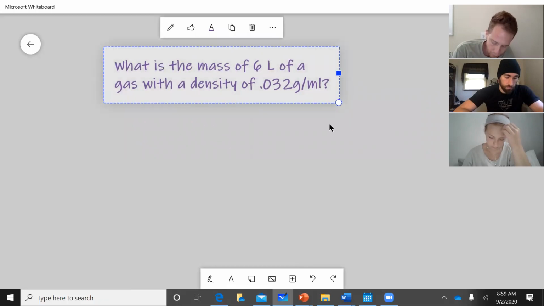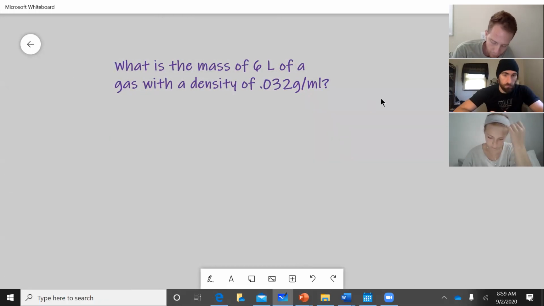What is the mass of 6 liters of a gas with a density of 0.032 grams per milliliter?